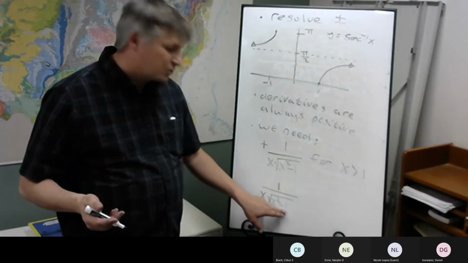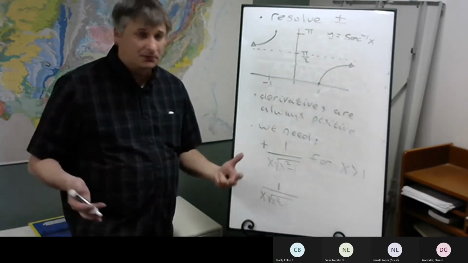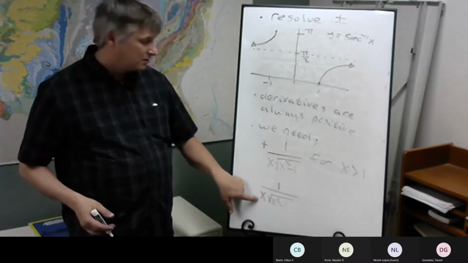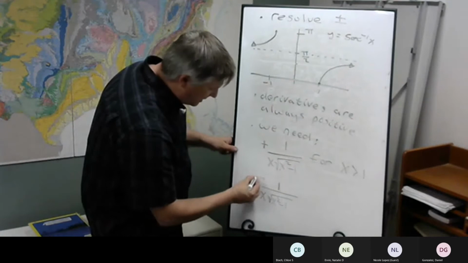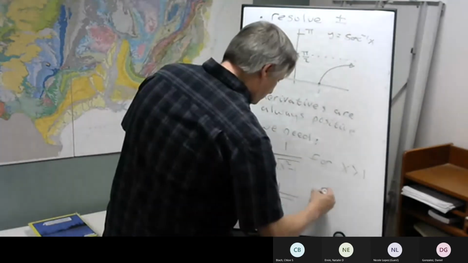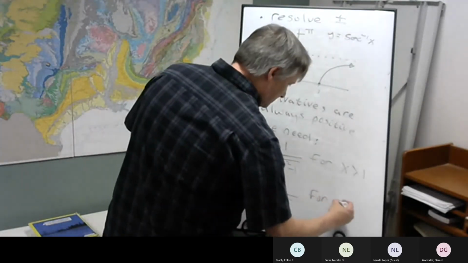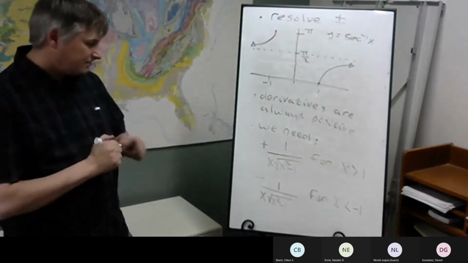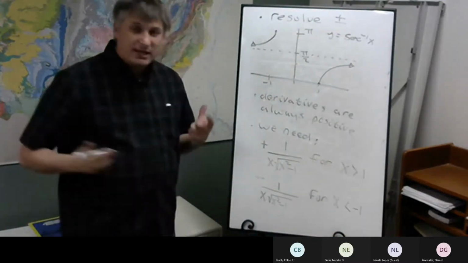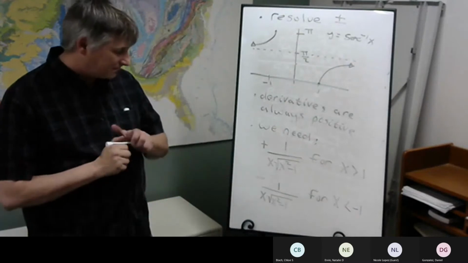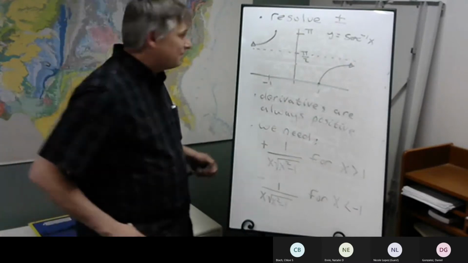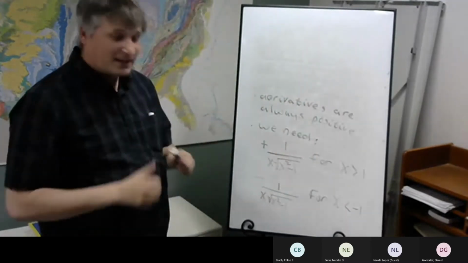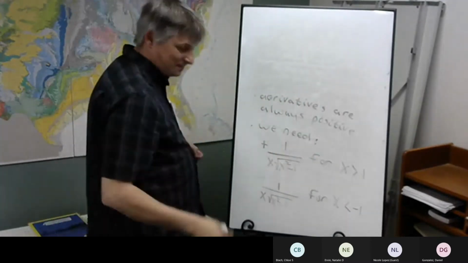And that bigger number is going to subtract 1. You're going to get a positive result. This is positive, but this is going to be negative. So let's give this one the negative sign when x is less than negative 1. So the negative and the negative will keep this derivative positive. So that being the case, we can simplify this another way.